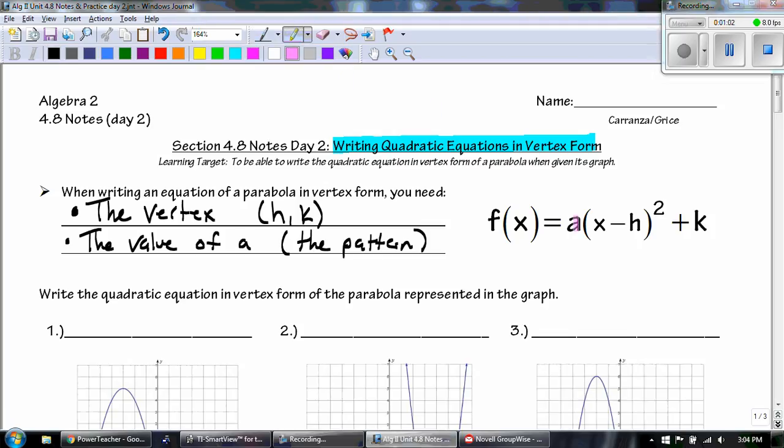So our pattern right here, and then the vertex h comma k, h and k. Remember that whenever we're taking the h, we always have to take the opposite, all right? And one key thing, when you're writing it, don't forget the square, okay? If you forget that square right there, you're turning it into a linear and not a quadratic, okay?